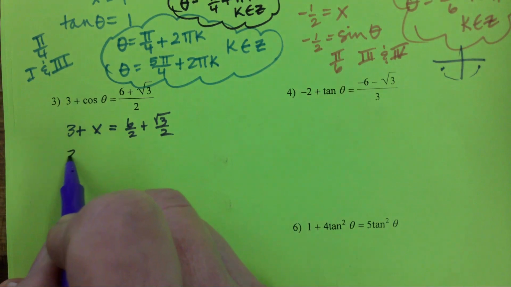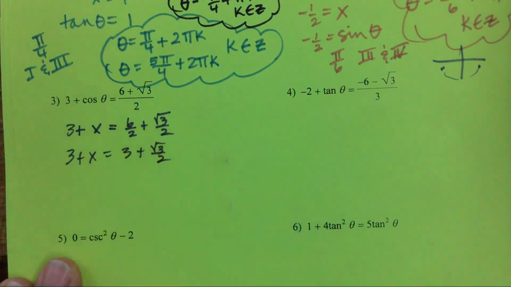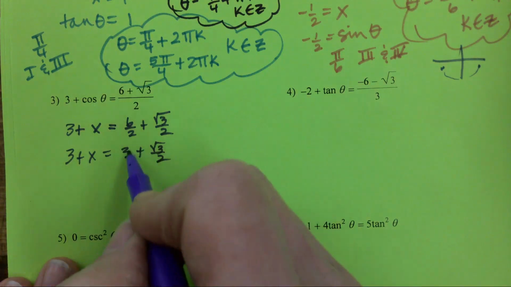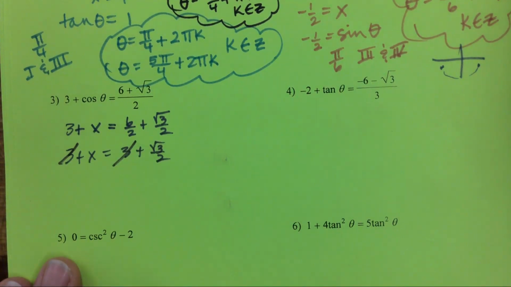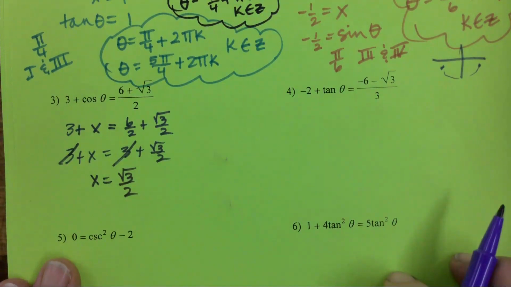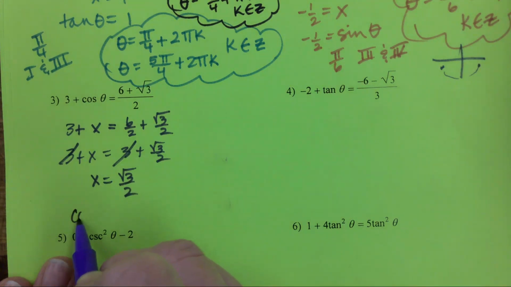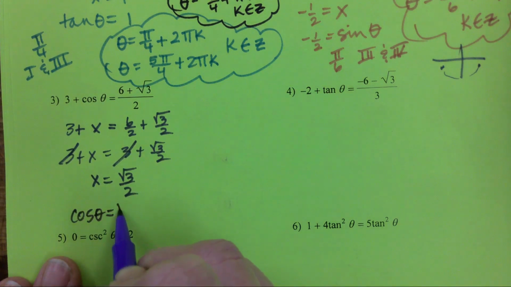Well, this is 3 plus x equals 3 plus the square root of 3 over 2. Get rid of the 3's because they're the same on both sides. So x is the square root of 3 over 2. And then that means that I am trying to find when the cosine is the square root of 3 over 2.